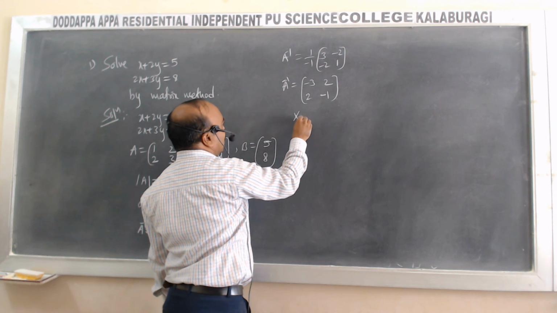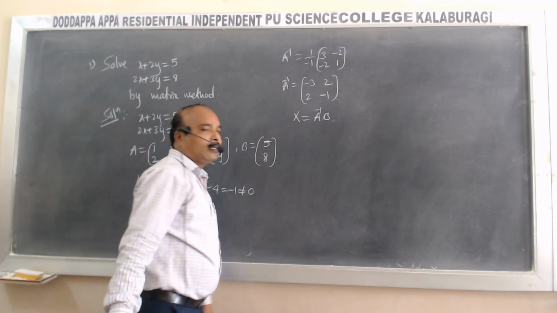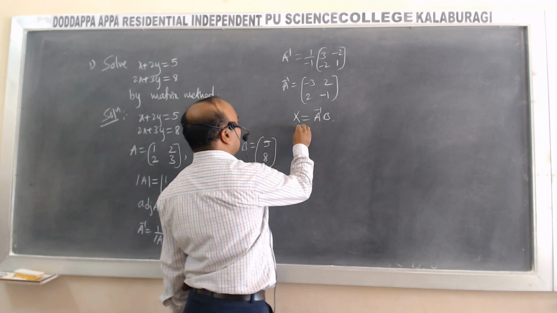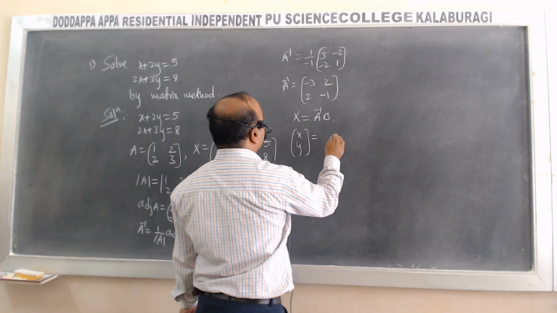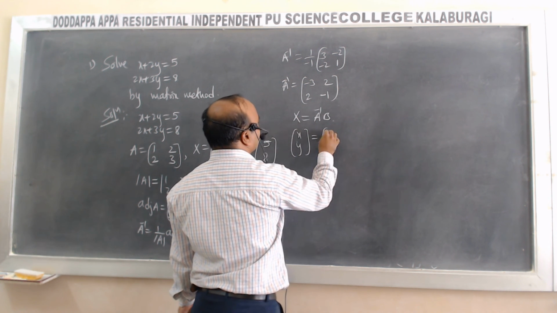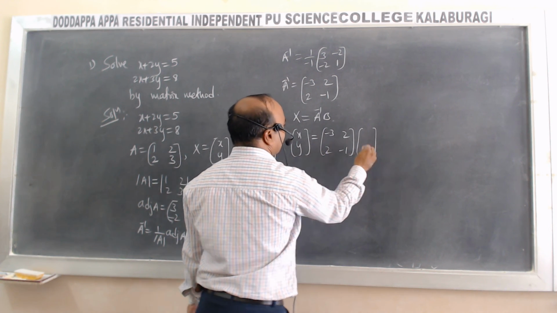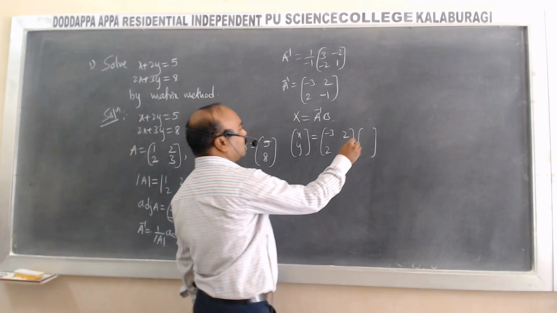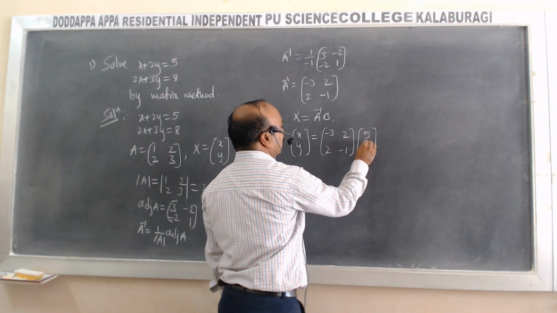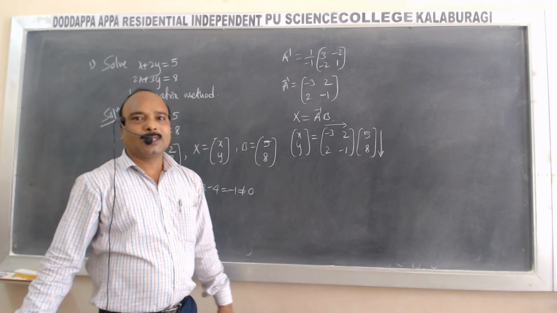Now the matrix method formula is X equal to A inverse into B. Substituting, X, Y equal to A inverse, which is minus 3, 2, 2, minus 1, into matrix B, which is 5, 8. Now we start multiplication of these two matrices, row with column.